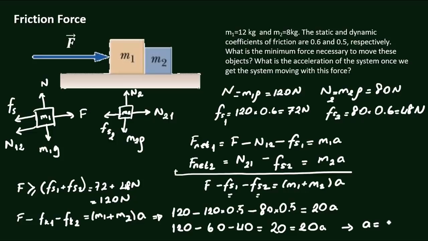Therefore, we get an acceleration of 1 meter per second squared. So these objects would be moving together with 1 meter per second squared acceleration.